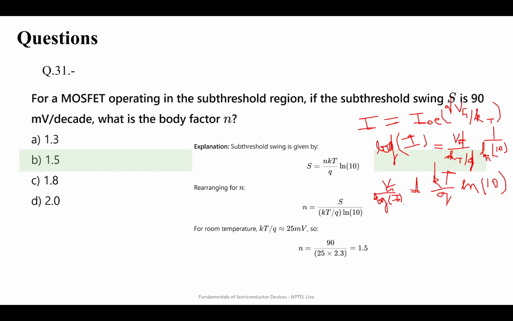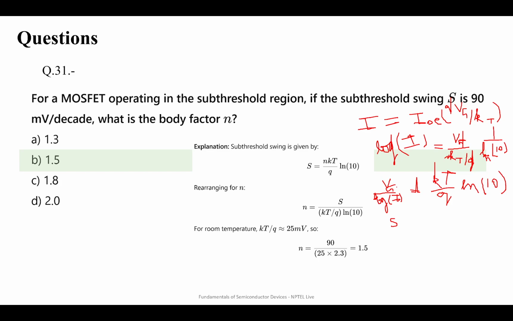This is the ideal case. In the ideal case, Vg by log I is what you get as S, which is the subthreshold swing.